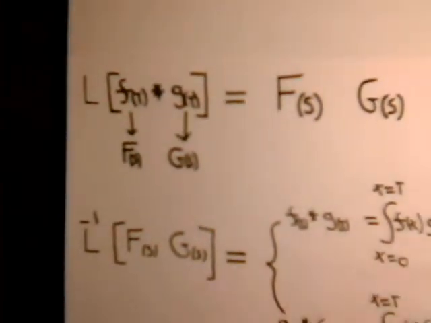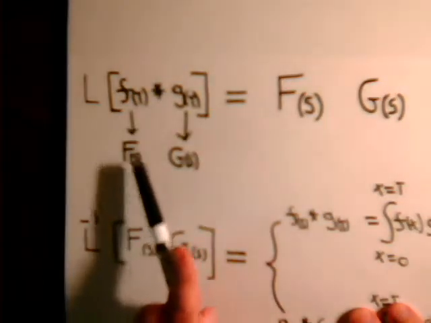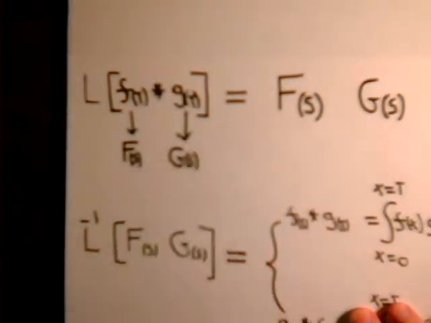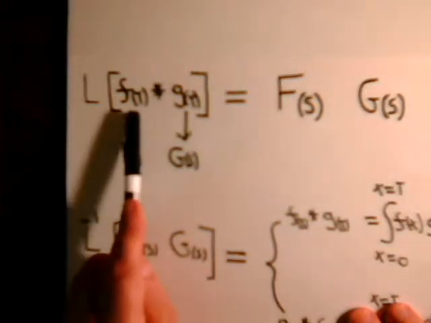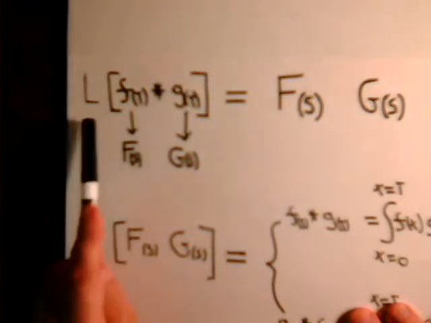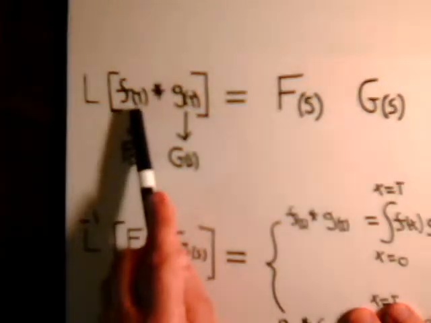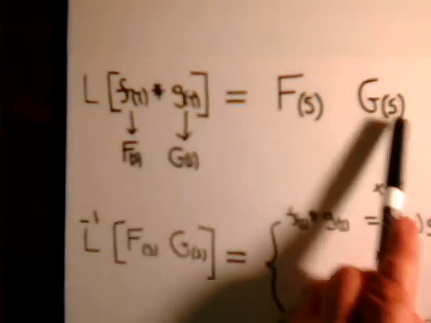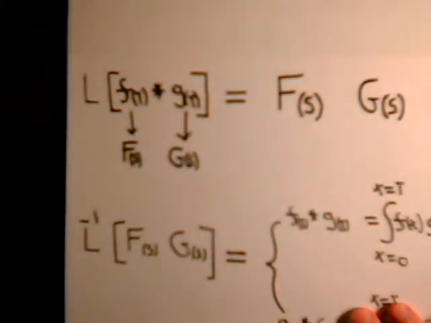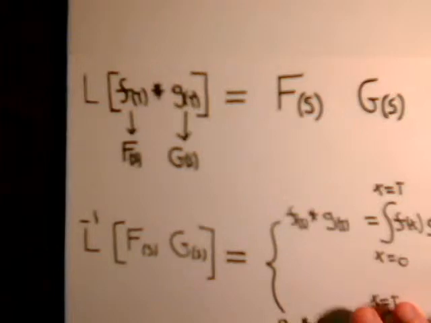If we have our two functions again, f of t and g of t, and they each have a corresponding Laplace transform, if I take their convolution and then take the Laplace transform of that expression, that's the same thing as if I took the Laplace transform of f of t and multiplied it by the Laplace transform of g of t. And we will prove this in a future video, this particular equation.